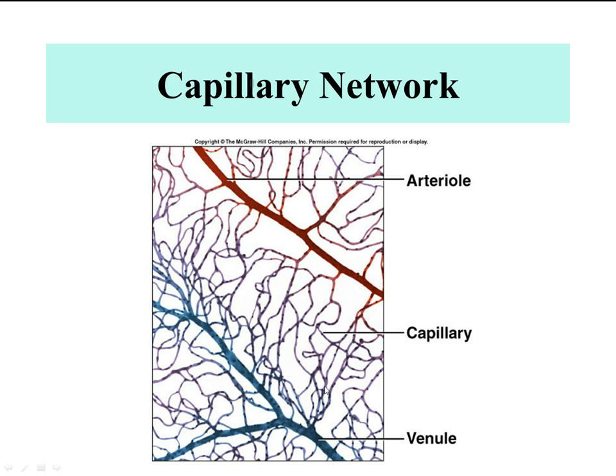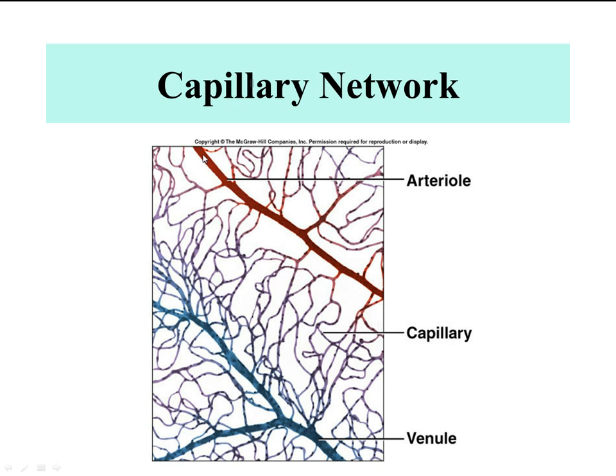The capillary endothelium ends up being the innermost layer, the tunica interna, or endothelium of the venules, and then they're going to converge to become larger venules, and then converge more and become veins, taking blood back to the heart.